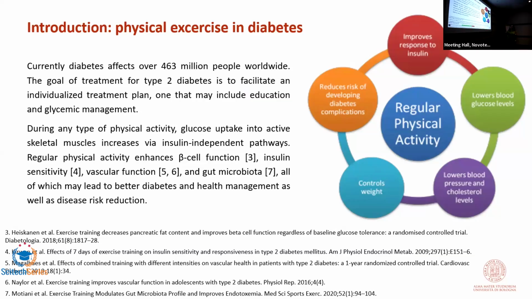It's not a medication, but it's known from a lot of papers in the literature, and there's a big consensus on this, that the practice of physical exercise reduces the glucose level in the plasma, because physical activity augments the glucose uptake in skeletal muscles via an insulin-independent pathway. Basically, it's the muscle that with exercise takes more glucose into the cell.